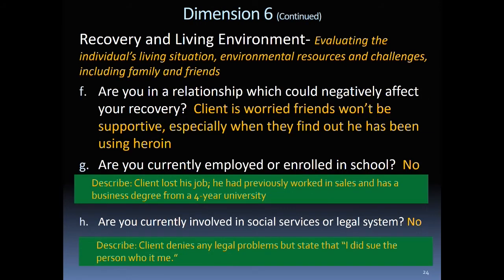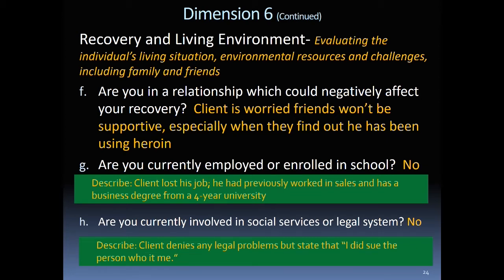All right, Dimension 6, continued recovery and living environment. Are you in a relationship which could negatively affect your recovery? Client is worried friends won't be supportive, especially when they find out he has been using heroin. G, are you currently employed or enrolled in school? Mr. Doe is not. He lost his job. He previously worked in sales and has a business degree from a 4-year university.